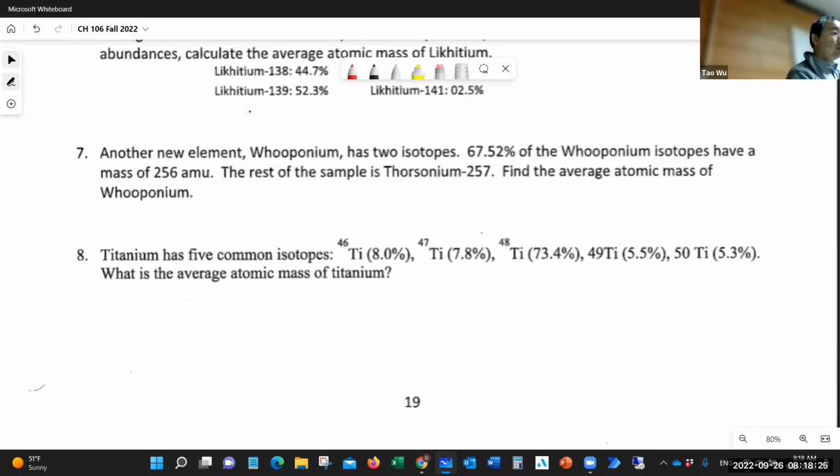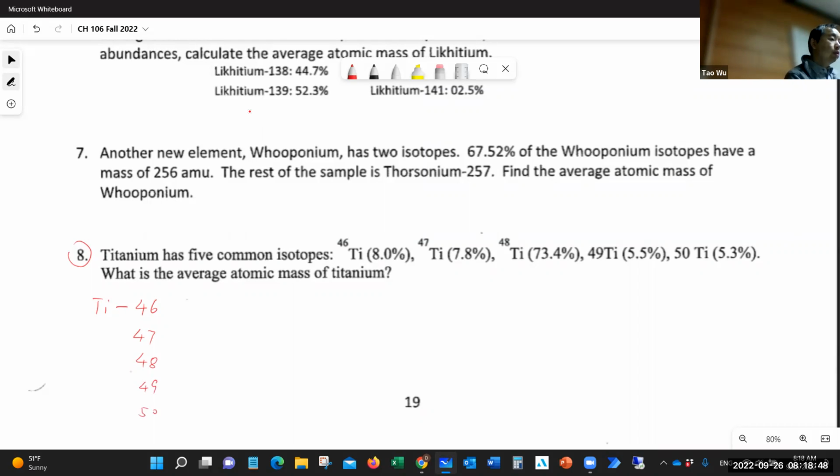For example, in number 8 we have 1, 2, 3, 4, 5, so five isotopes, which means you're going to list each of the isotopes. This is titanium-46, 47, 48, 49, and 50.